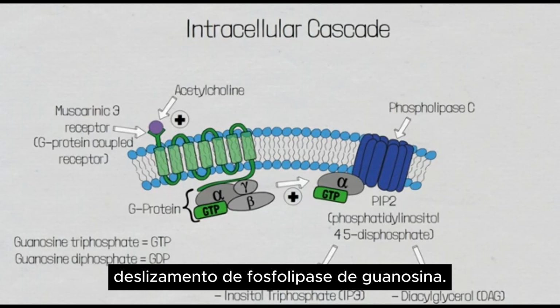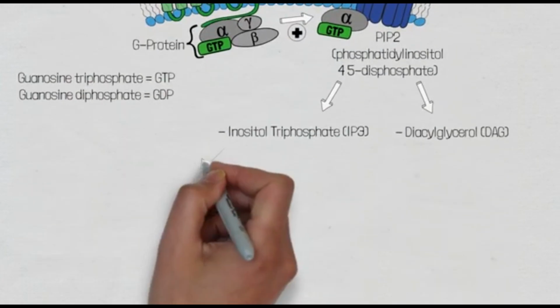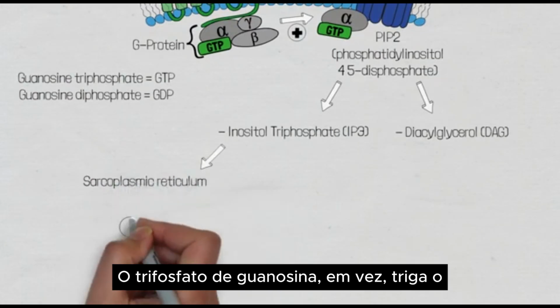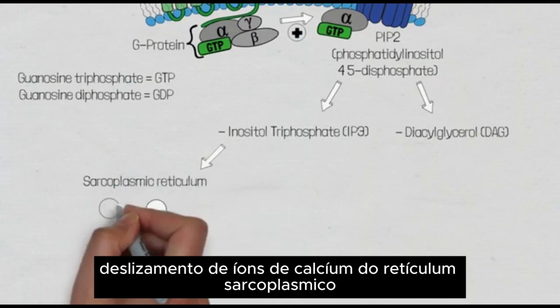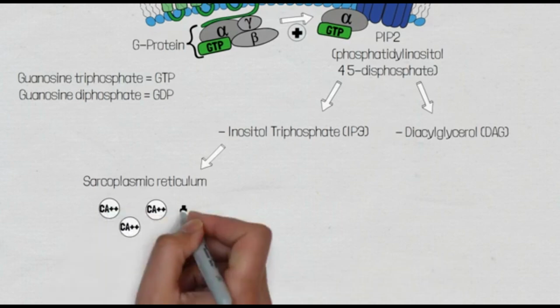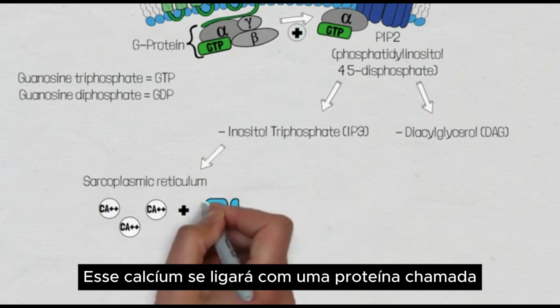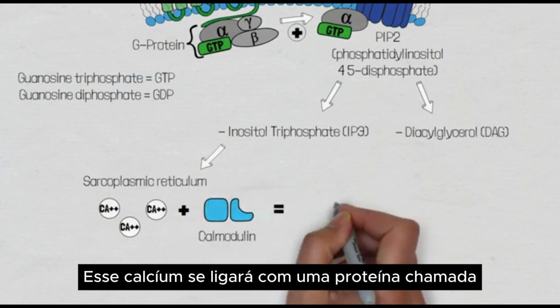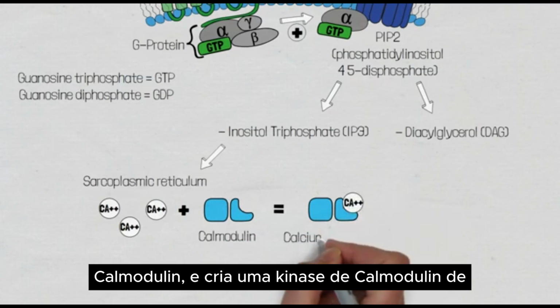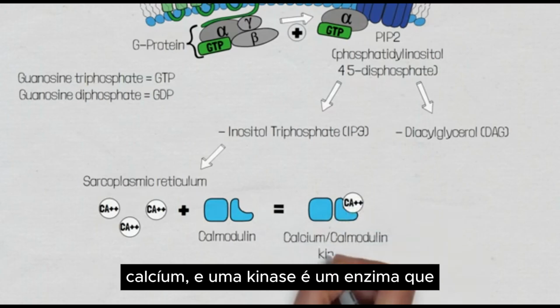Inositol triphosphate in turn triggers the release of calcium ions from the sarcoplasmic reticulum within the bronchial smooth muscle cell. This calcium will then bind with a protein called calmodulin and creates a calcium calmodulin kinase, and a kinase is an enzyme that wants to phosphorylate.